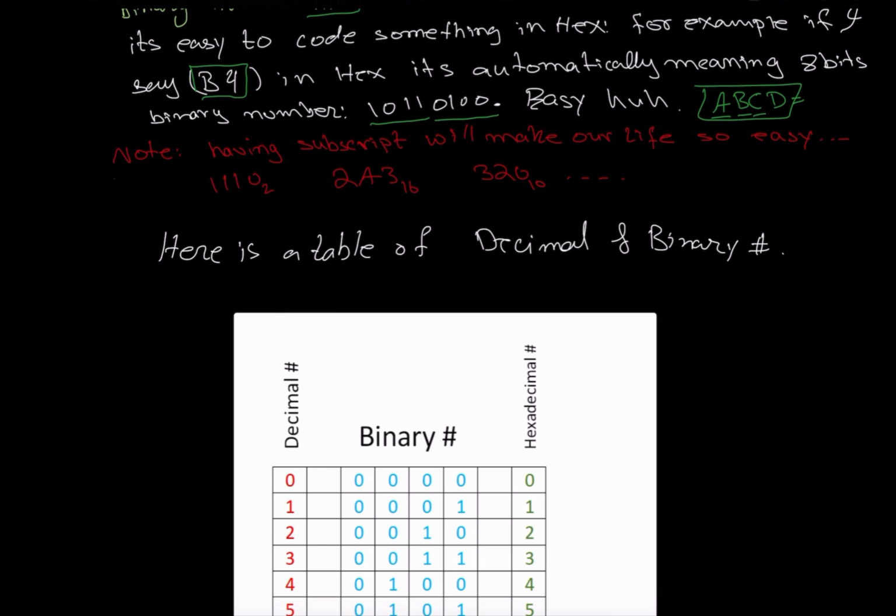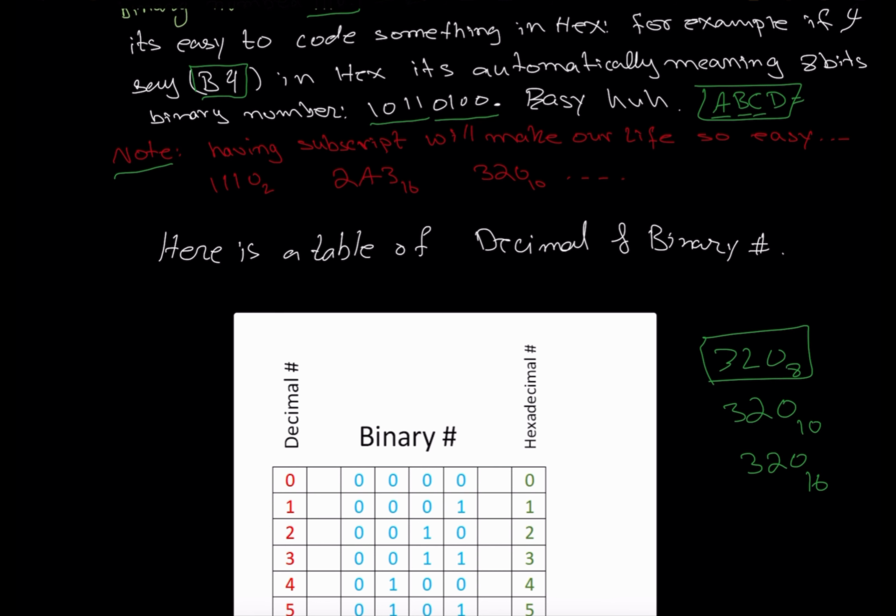There is a note that I put: having a subscript will make our life so easy. Because if I say a number like 320, what is that? Is it base 10, base 2, base 16, base 8? What base is that? If we don't have a subscript, we can't tell. With different subscripts, it is a different number each time.